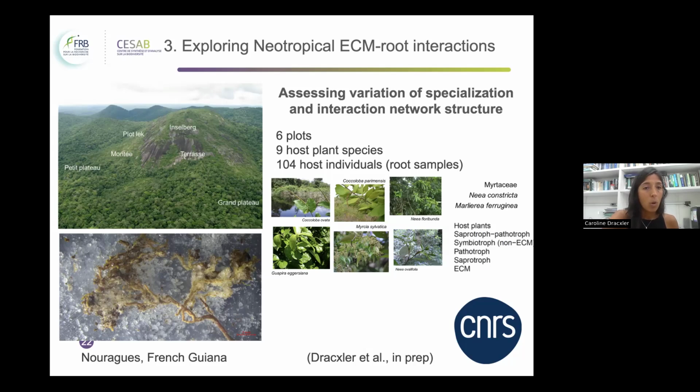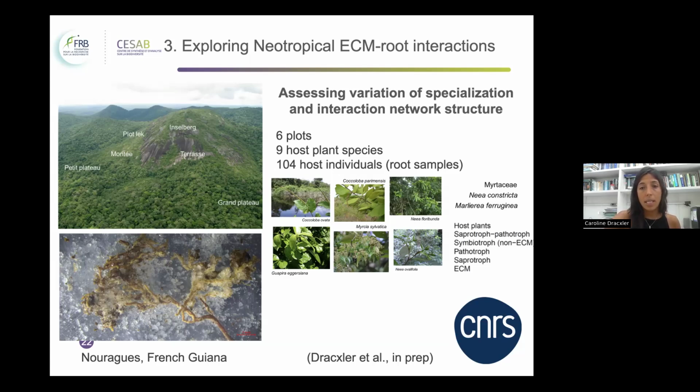What we did is that we took advantage of data that was collected in the Nouragues Nature Reserve in French Guiana. We have these six plots that we show in this picture: the Saut Pararé, the Plot Lec, the Monte, the Terrace, the Petit Plateau and the Grand Plateau.